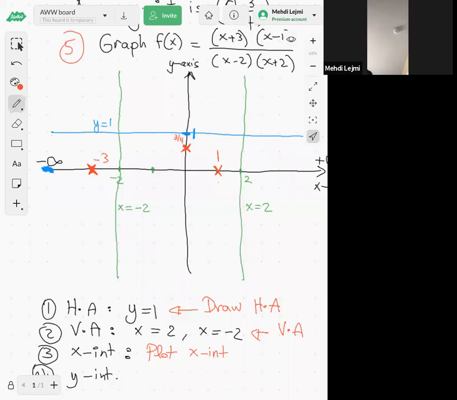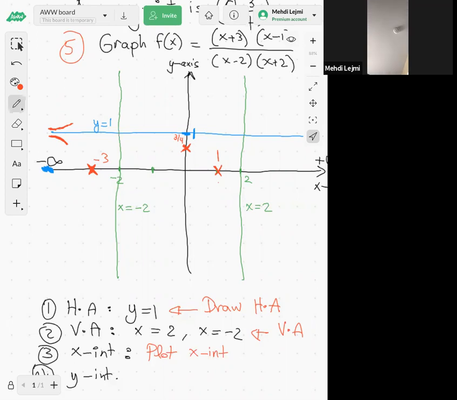But the problem is, we're going to have two options. Either the graph is going to be below the horizontal asymptote or above the horizontal asymptote, right? So there are two options here, guys. You need to keep that in mind. Okay, so we have to figure out which one is the correct one.